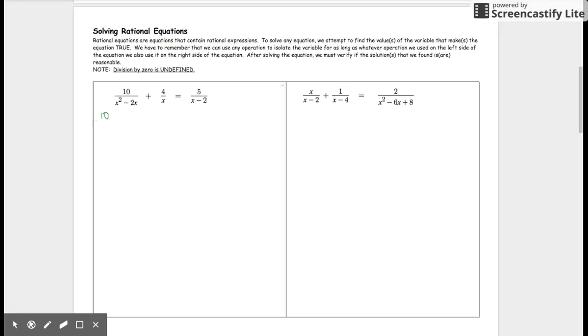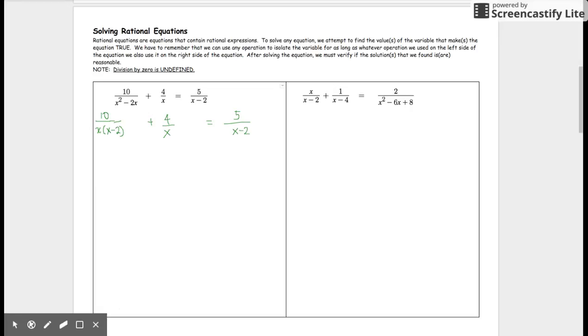We're not going to factor 10, but we're going to factor the denominators. So we'll have here x times x minus 2 plus 4 over x, because we can't factor x anymore, equals 5 over x minus 2.